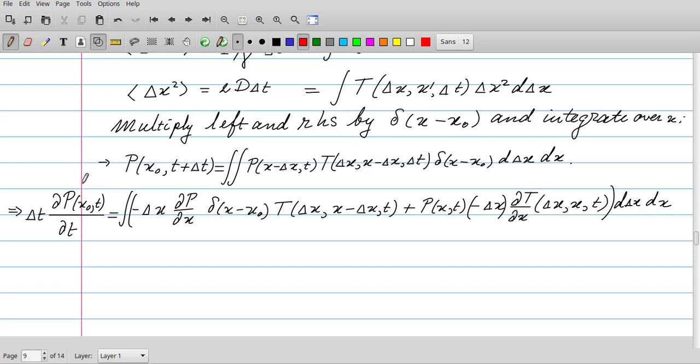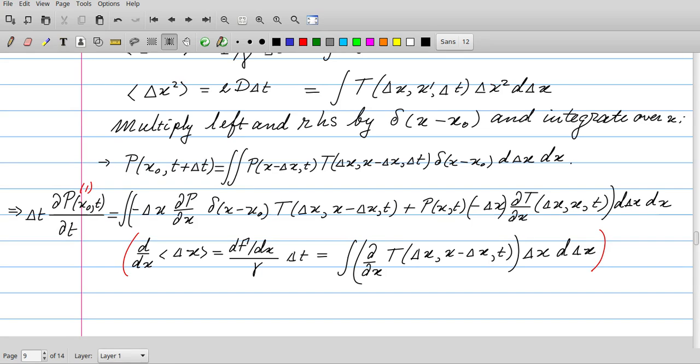So I put a 1 here in order to emphasize that on the right hand side we only take the first order Taylor expansion in delta x. So we have a p here at x minus delta x, so that gives me a first order Taylor term minus delta x times dp/dx, and the same for t. The second term here gives me a minus delta x coming from this argument, dt/dx. And so the dp/dx is okay, the dt/dx is a little bit inconvenient, but we can do something about that.